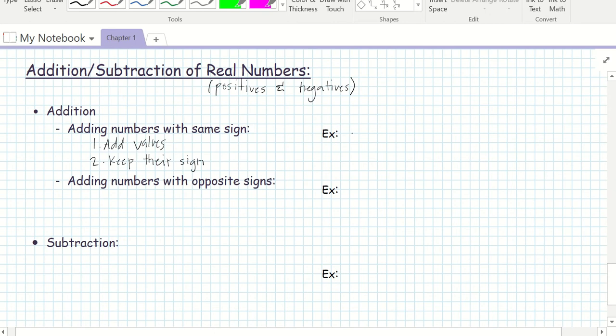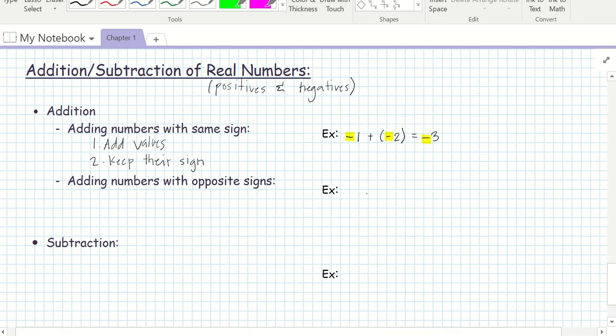Let's say we have negative 1 plus negative 2. Notice how they both have that negative value, and we are adding. So we're going to add 1 and 2, which is 3, but then we keep the negative. So we add the values, but we keep the negative.